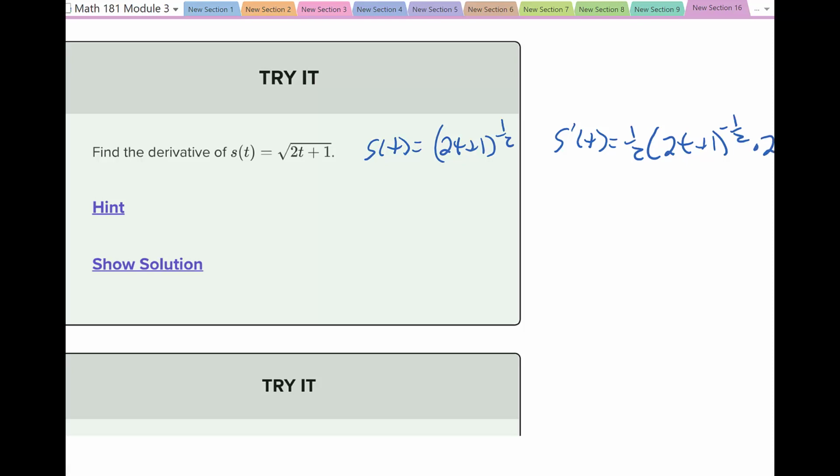The way I see it, this 1/2 and this 2 will divide out. So we have s prime of t equals 1 over the square root of 2t plus 1.